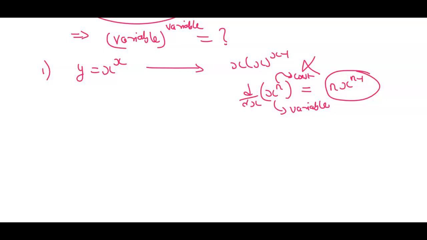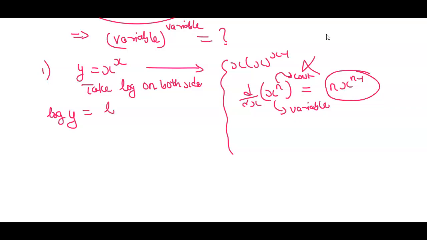so how to solve a question which is of this nature? I suggest you to follow the rule, that is, take log on both sides. It is log y equals log x to the power x.